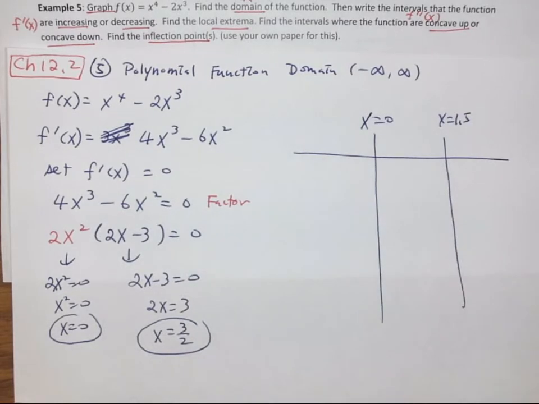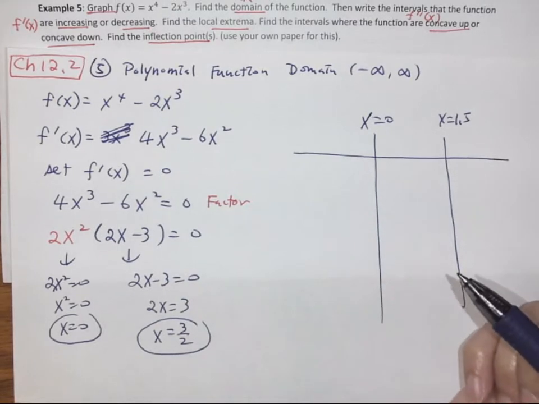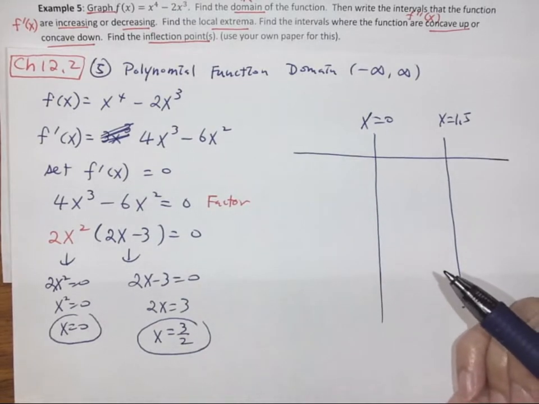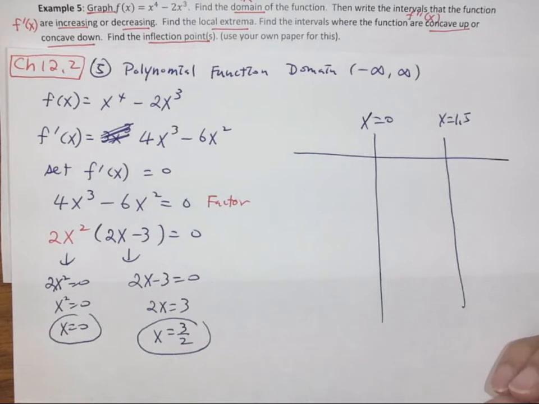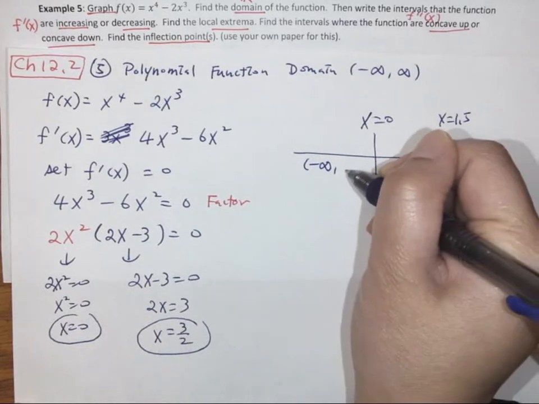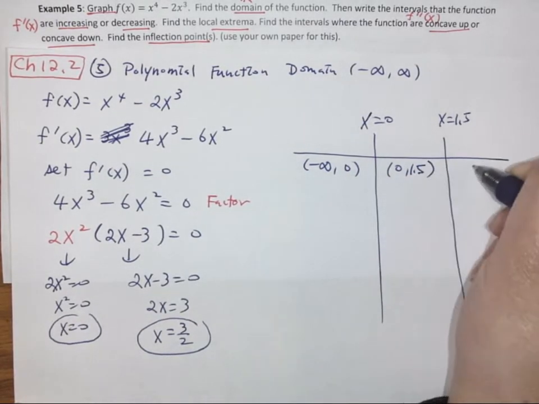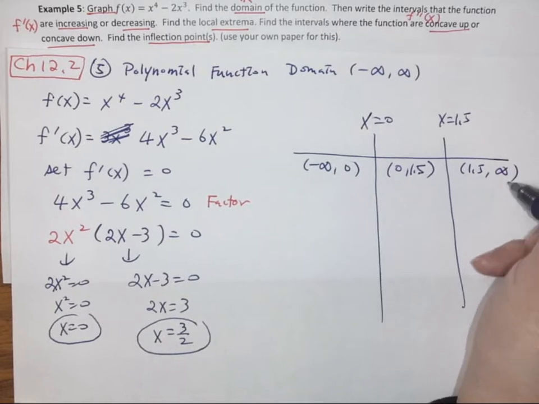Alright, so write down the intervals and test some points with the first derivative to see where it's increasing and decreasing. You can pause the video and then we can check your answer. Alright, so this is negative infinity to 0, 0 to 1.5, 1.5 to infinity.